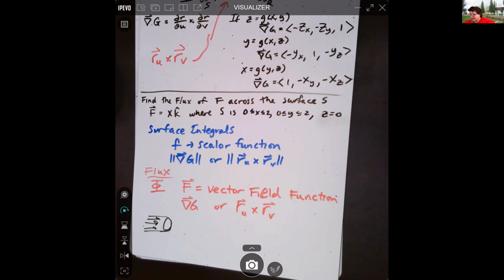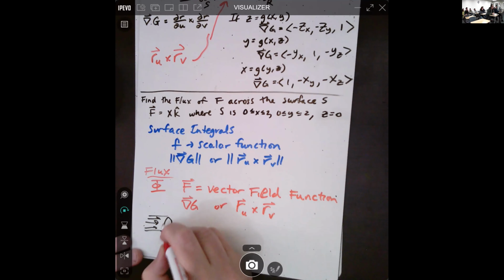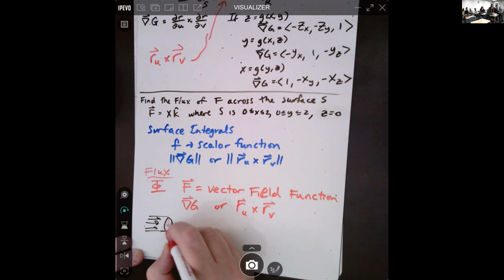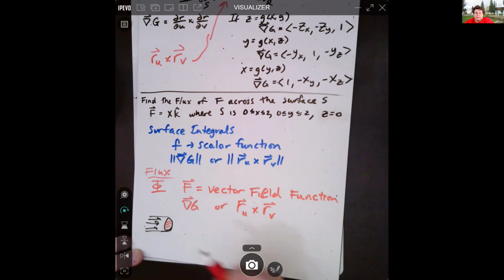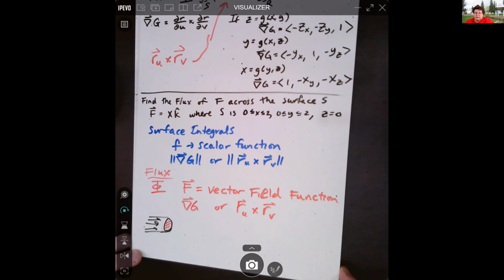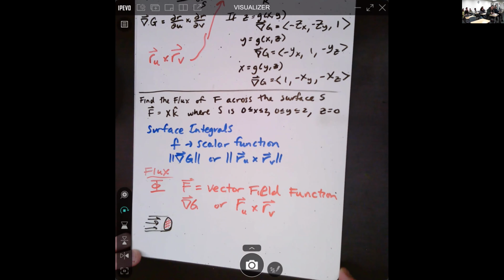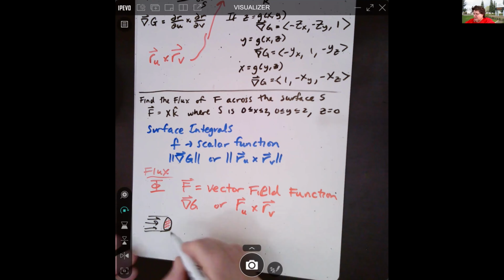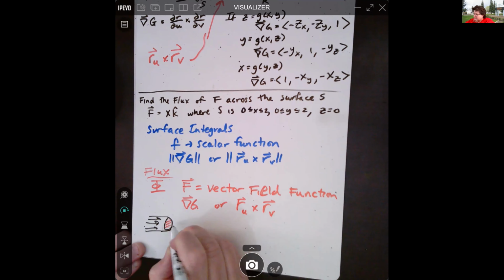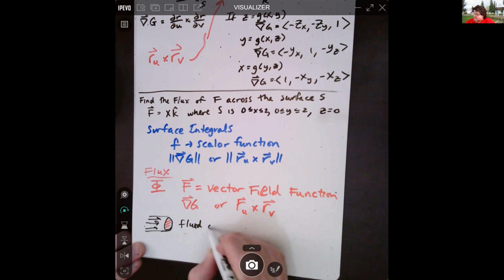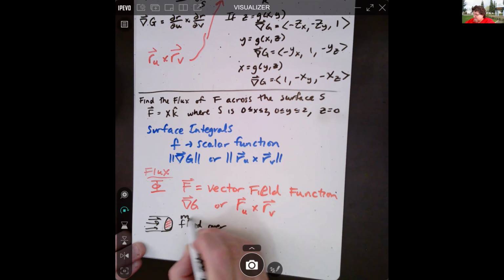So if I put a fine screen over the end of this, it measures the fluid flowing out over a unit time, the mass of the fluid over time.